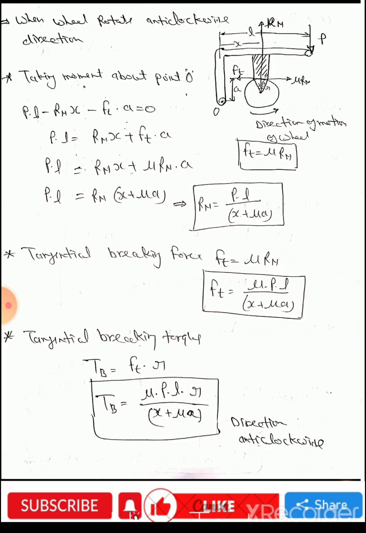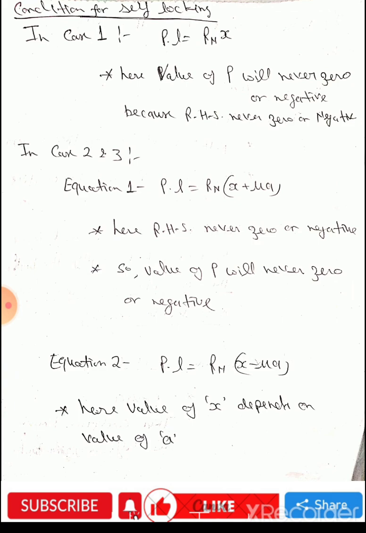Now the next topic is the condition for self-locking, or self-locking brakes. We also know case number 1, where we developed the formula PL equal to Rn, when the line of action of the tangential braking force passes through the fulcrum point O. In case number 1, PL equal to Rn.